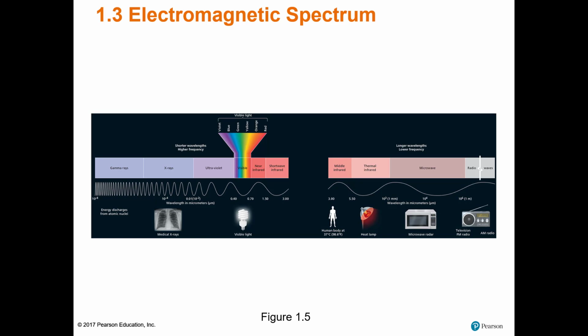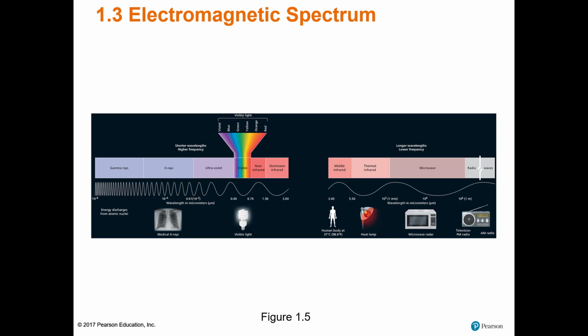So we have gamma rays, X-rays, ultraviolet, visible, near-infrared, shortwave infrared, middle infrared, thermal infrared, microwave, and radio. Radio waves are the largest at about 1 meter, and we go all the way down to gamma rays, which are at 10 to the minus 8 micrometers.